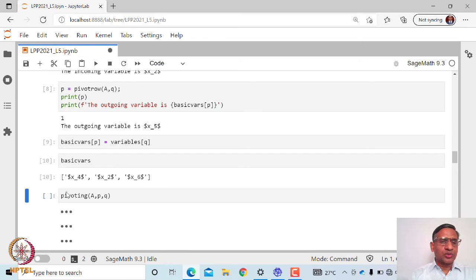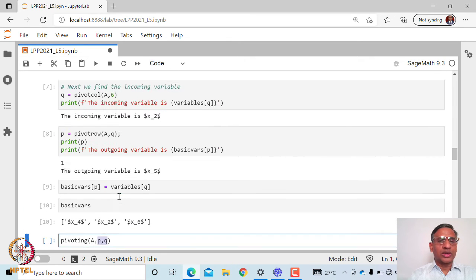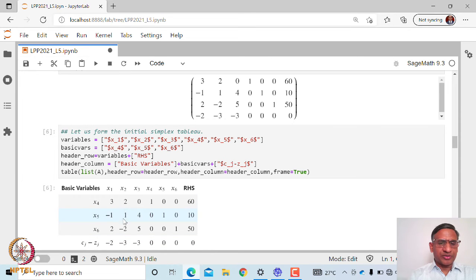Now let us pivot A. Once we have decided P and Q, that is the pivot element, in this case P is 1, Q is also 1, so this is my pivot.